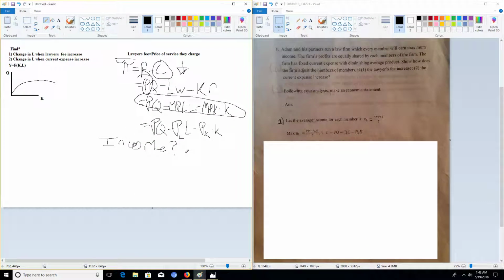So income is a composition of all that. In this situation, income is going to be composed of profit and salary.